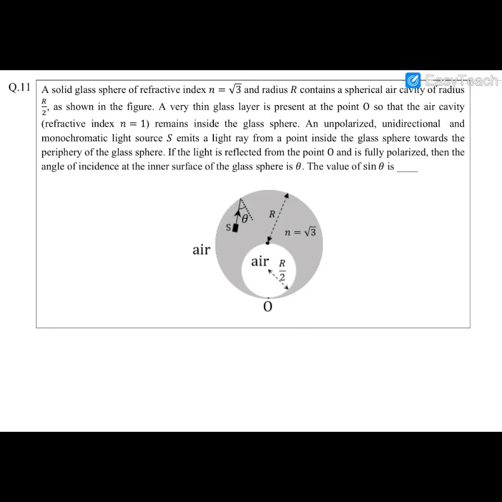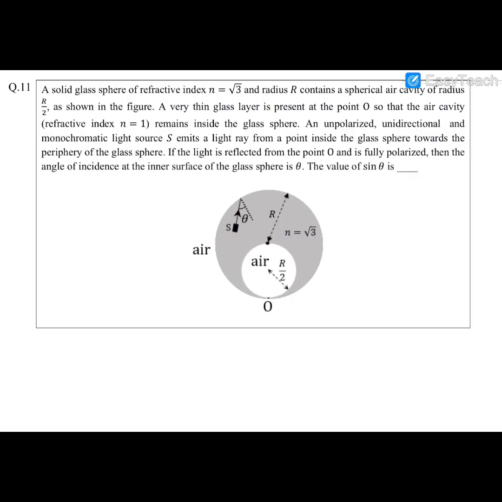In this question, you can see that there is a solid glass sphere of refractive index root 3. The radius of the sphere is r, and this sphere has an air cavity inside it. The radius of the air cavity is r by 2.